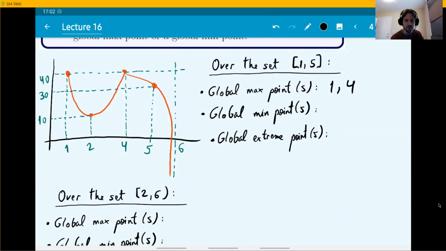Global minimum points, what are they? We're looking only between 1 and 5. Well, there is only one place where this minimum value of 10 is attained, and it's at the number 2. So that's the global minimum point. And what are the global extreme points? Those are the ones that are global min or max points: 1, 2, and 4.